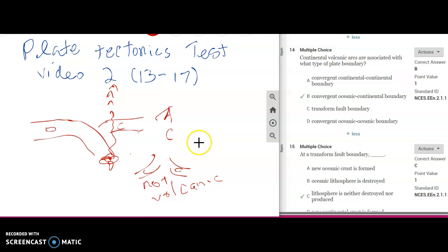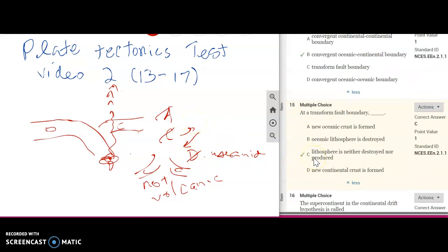C, transform fault boundary. Again, that does this, and it doesn't cause anything but earthquakes. So C is wrong. D, convergent oceanic boundary. That would make an island arc, not a volcanic mountain range. So D would not be the correct answer either. So the correct answer there is B. Let's look at 15 while I erase this.